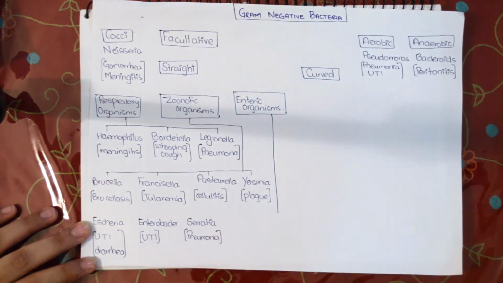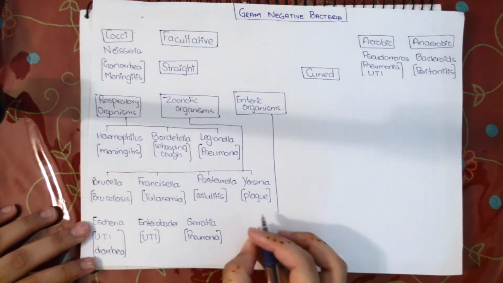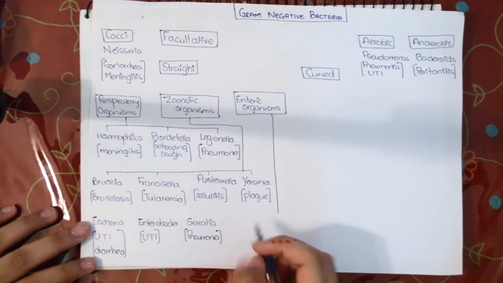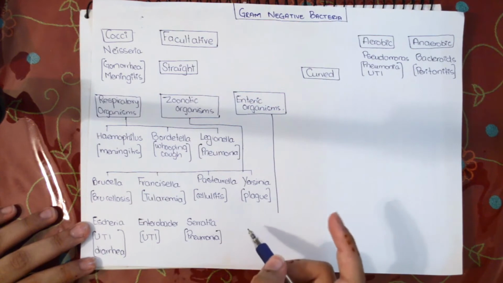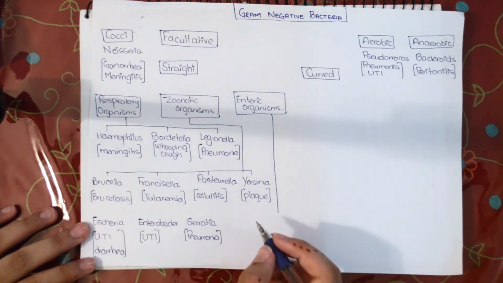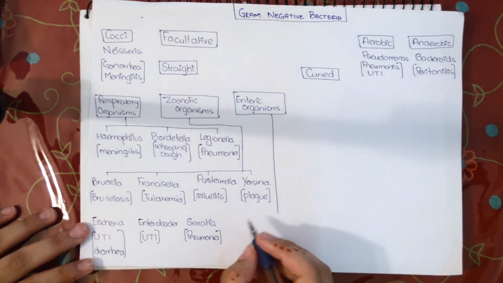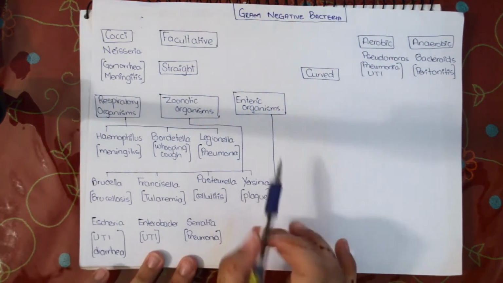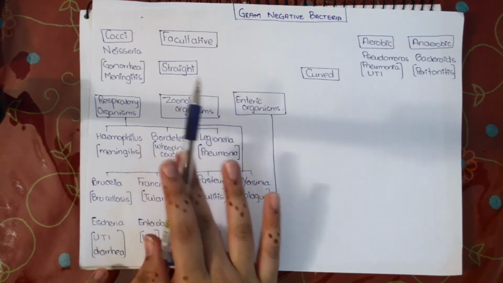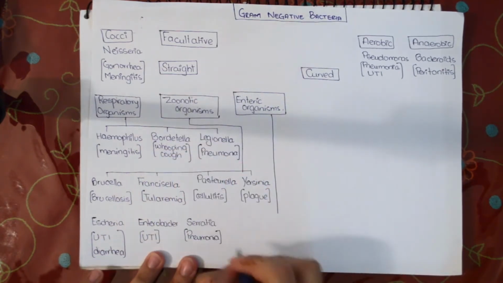We know that pneumonia is also caused by mycoplasmas. It is caused by Pseudomonas, and it is also caused by Streptococcus and Legionella. We have 4 organisms by now which cause pneumonia. Okay, so continuing with enteric organisms of the straight facultative gram-negative bacteria.